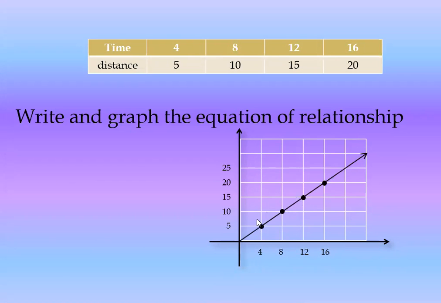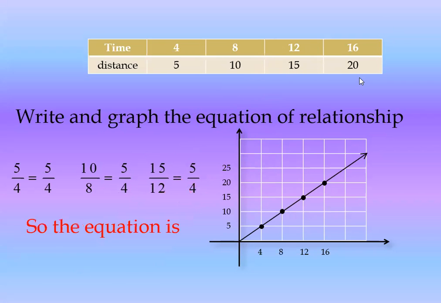What do you notice about the line here? The line passes through the origin, because this one represents a proportional relationship. What is the constant ratio in this question? If you divide or simplify 5 over 4, and the second one, which is 10 over 8, it's 5 over 4, and 15 over 12 is 5 over 4, and then 20 over 16.